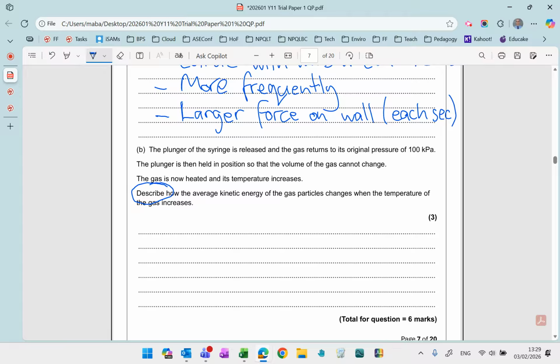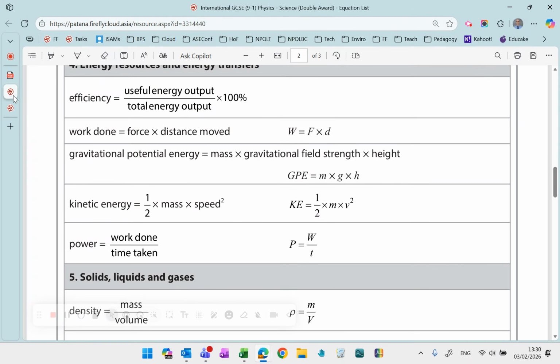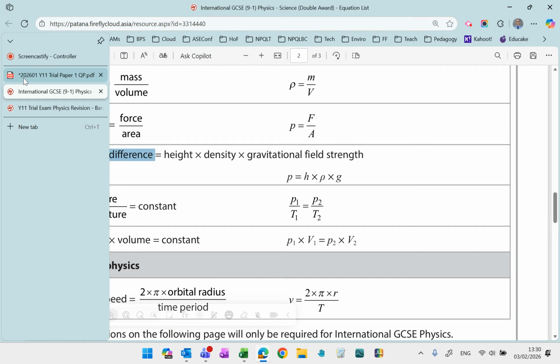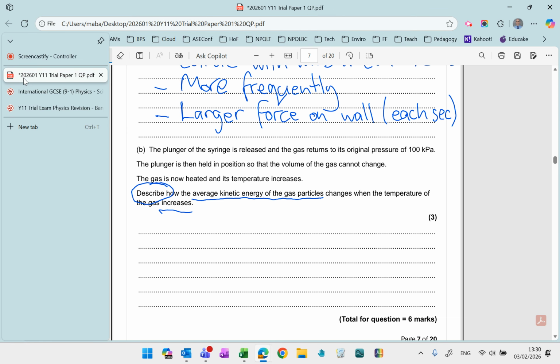So we've got to describe how the average kinetic energy of the gas particles changes when the temperature increases. All right, now the challenge here is making sure that you're doing a proper description, rather than an explanation, because lots of you started talking about kinetic theory at this point.